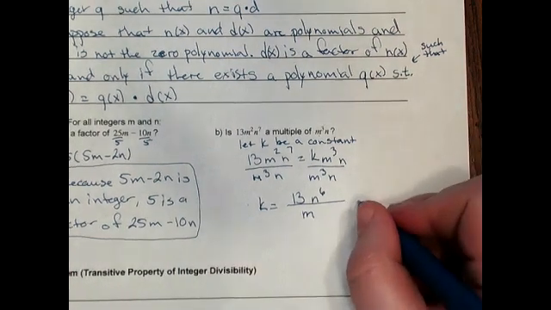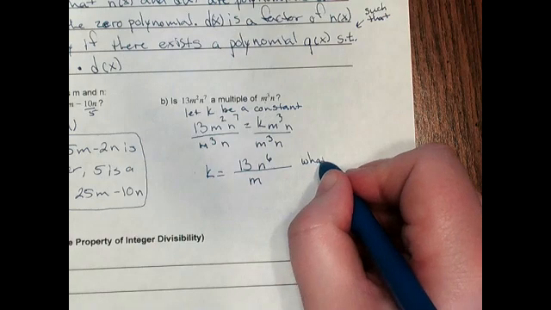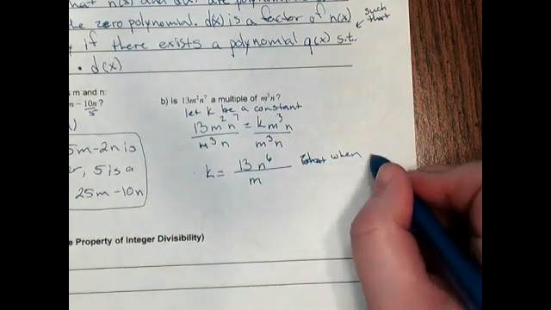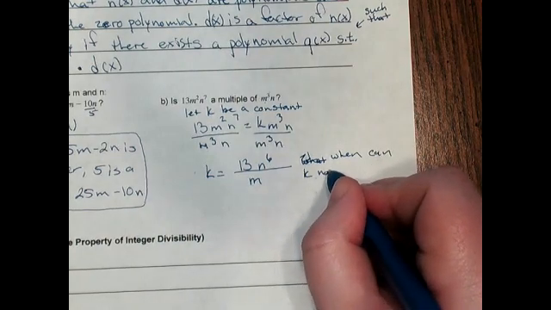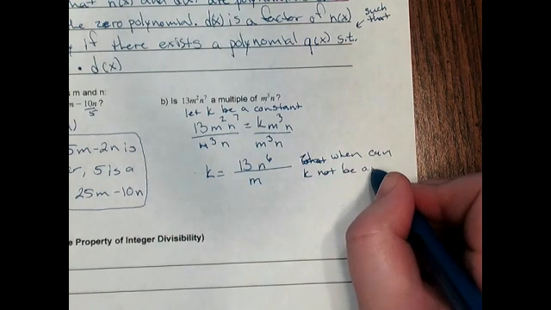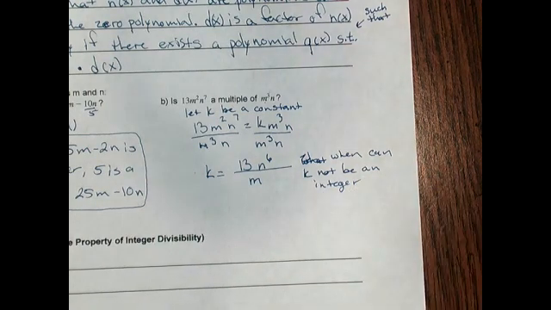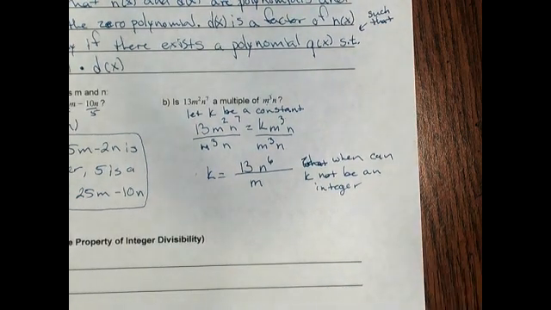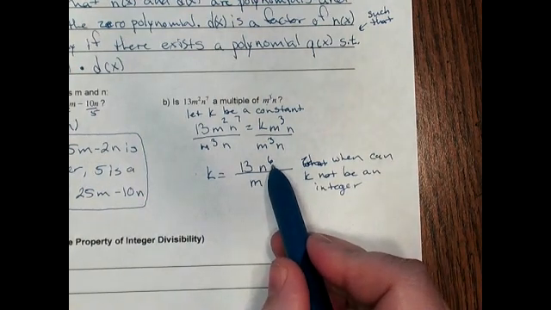So when can k not be an integer? Well, k can't be an integer if the denominator is not a factor of the numerator.